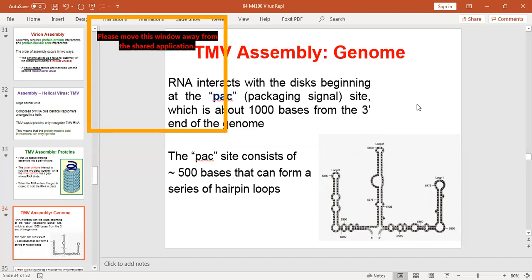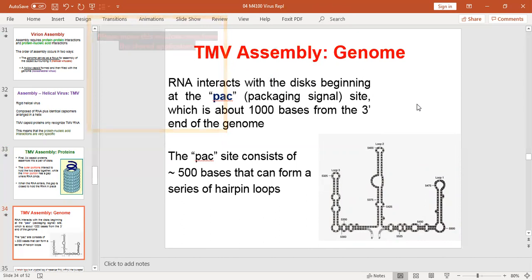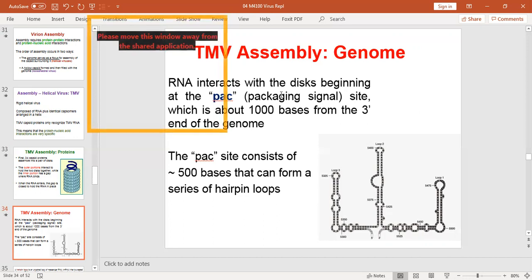So about 1 kb from the 3' end of the genome, there is a region in the viral RNA called PAC, or packaging signal, that interacts with the discs.